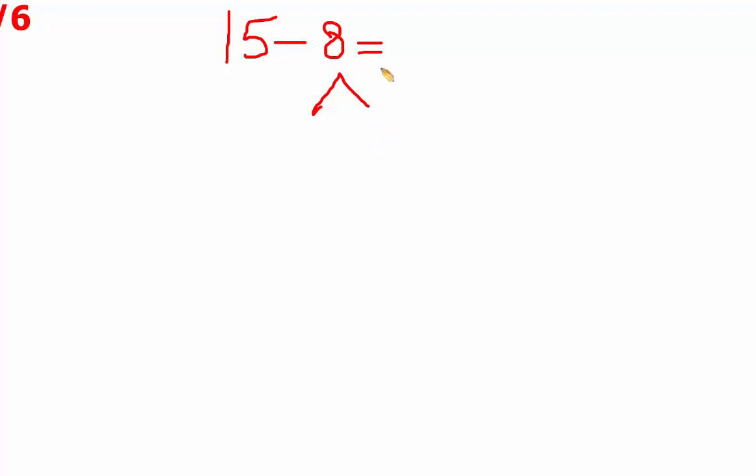The first part here must be the same like the first digit here, 5. What about the other part? You will ask yourself, 8 minus 5 equals 3.